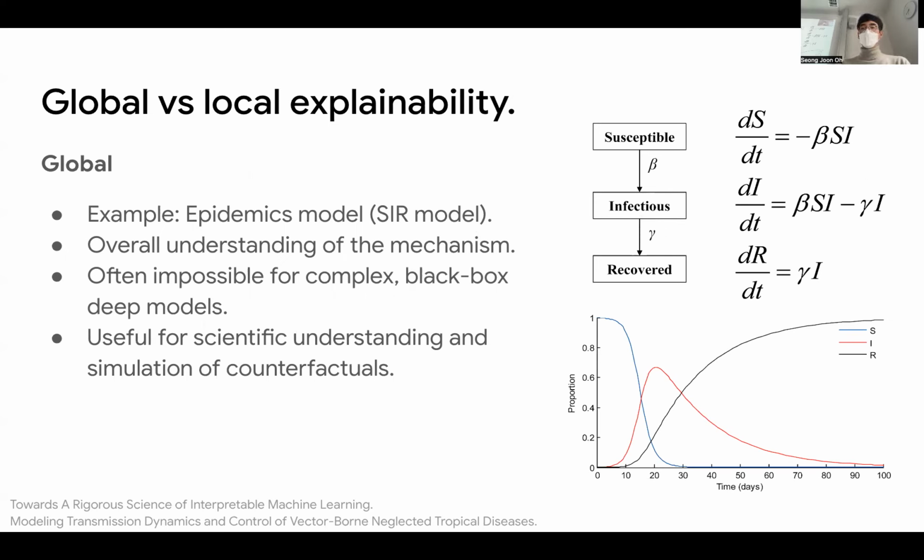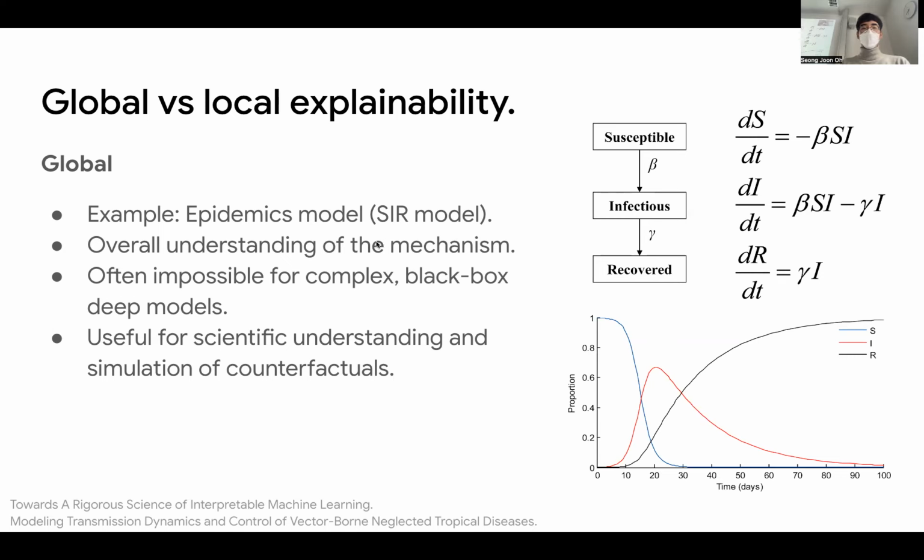Based on this system of differential equations, we are able to simulate what's going to happen if some people are infectious and the gamma rate and beta rate here are at some levels, then we can make predictions into the future.